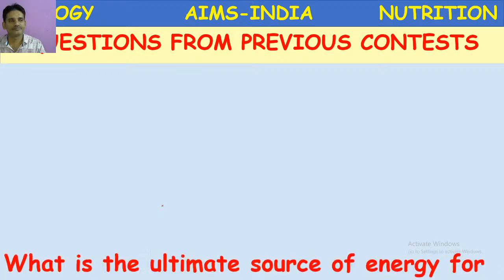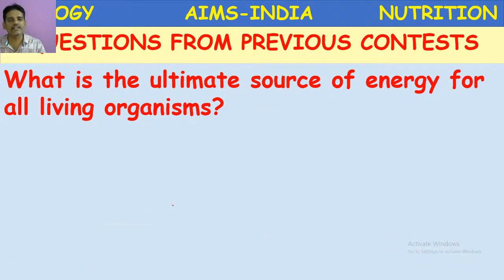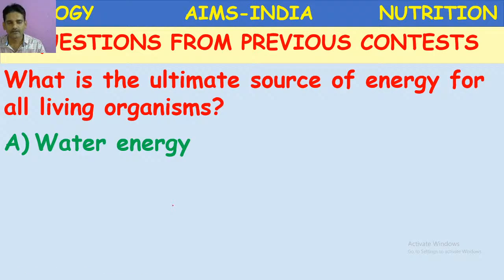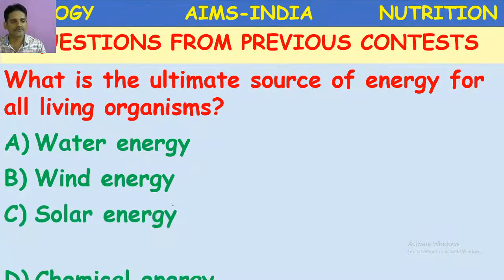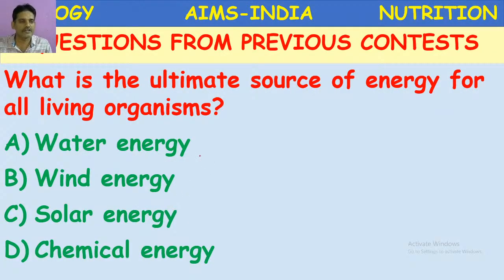Next question. What is the ultimate source of energy for all living organisms in this ecosystem? All these are forms of energy only. Water energy, wind energy, solar energy, chemical energy. As we are discussing the nutrition part, photosynthesis, we have to think in that sense.